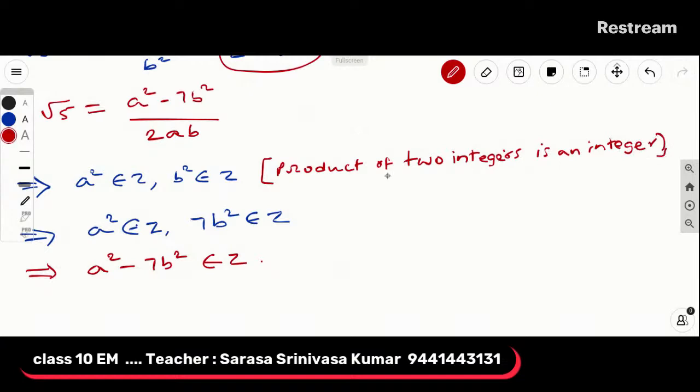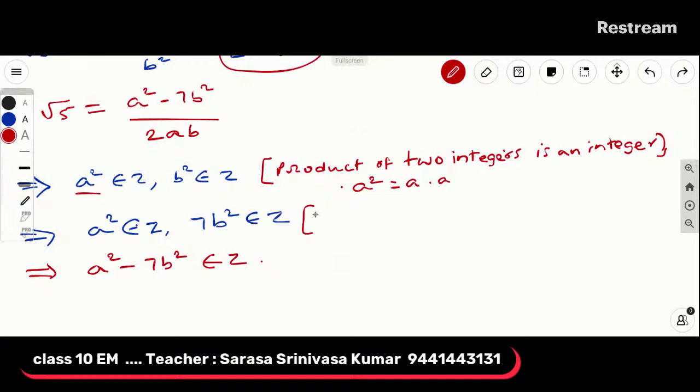So this is the reason we have written a square. A square equals a multiplied by a, so we apply this. For the same reason, 7b square is also an integer.